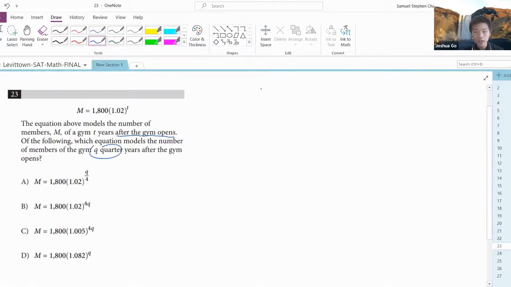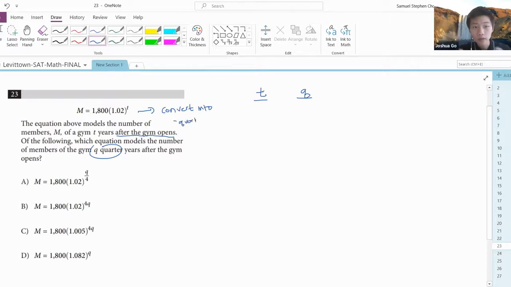So here, understand that a quarter of a year is 1/4 of a year, of course. And what the question is basically asking is converting this m equals 1,800 times 1.02 to the t, converting that into quarters rather than t years.